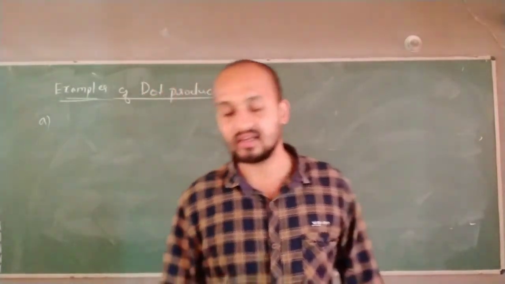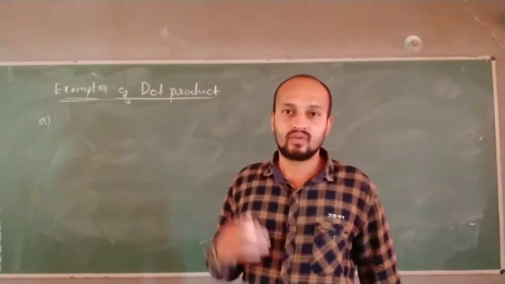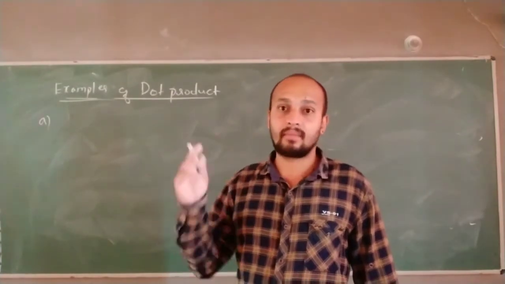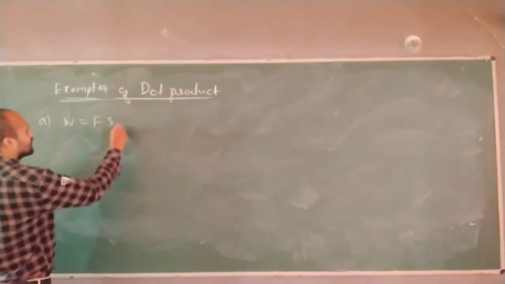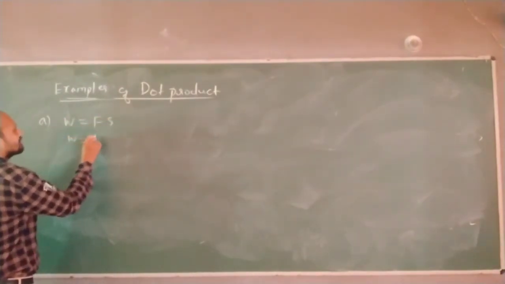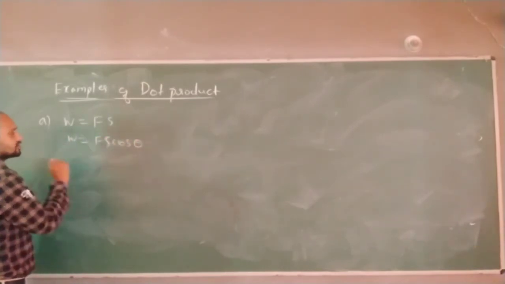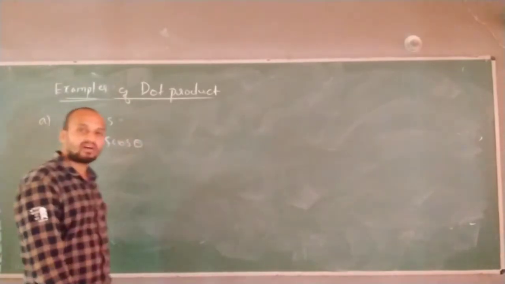The possibility is that any formula for a scalar quantity might be having a dot product. That is how we have to recognize it. Till now we have studied work done is equal to force into displacement. Correct now? Work done is equal to Fs cos theta, you have studied.